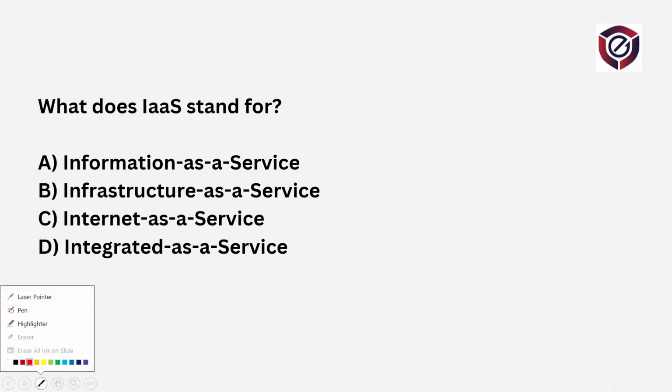So the first question is, what does IaaS stand for? This question is related to the cloud service models. There are different kinds of service models such as IaaS, PaaS or SaaS, and the one which I have asked here is regarding infrastructure as a service, where the cloud service providers provide the infrastructure to the consumer in terms of virtual machines, hardware, and memory, to have a good kind of infrastructure cloud service.